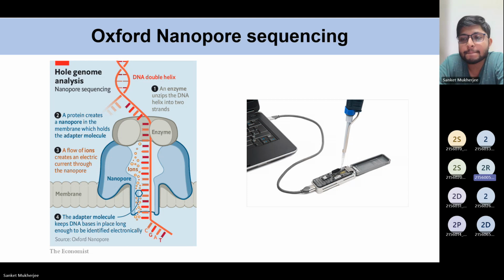Now, the total adapter protein is not responsible, but a specific portion, a specific domain or motif, is responsible for detection of this electronic signal. As the bases change, the ionic environment also changes. But how does that happen?